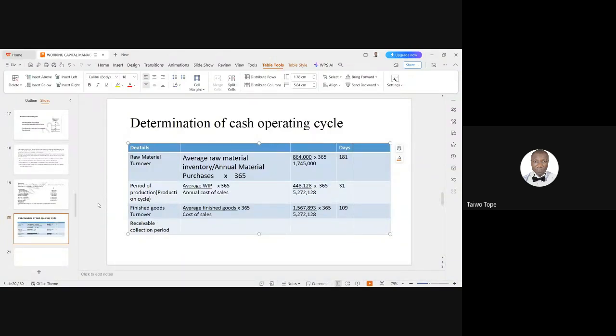So you must be able to interpret each of these words. That's the average debtors collection period.